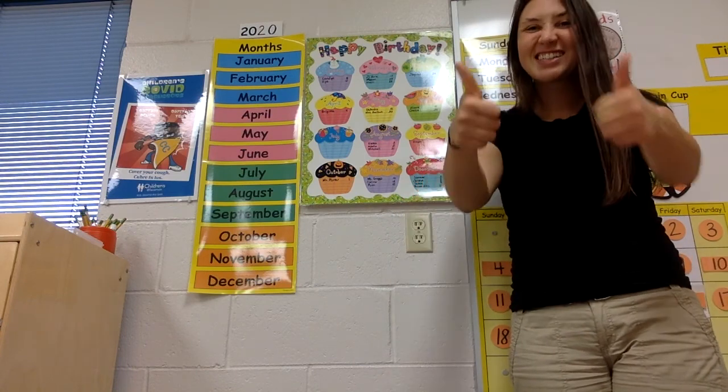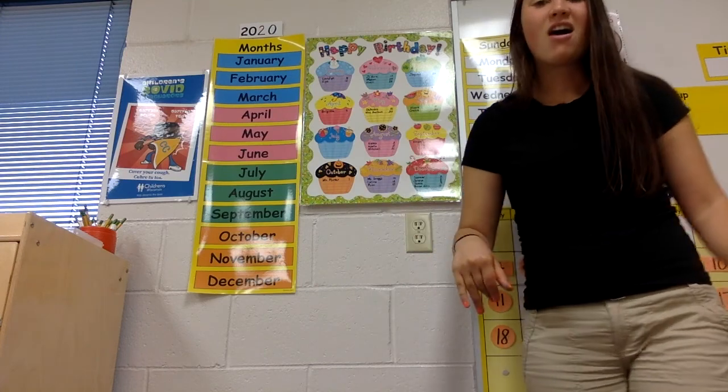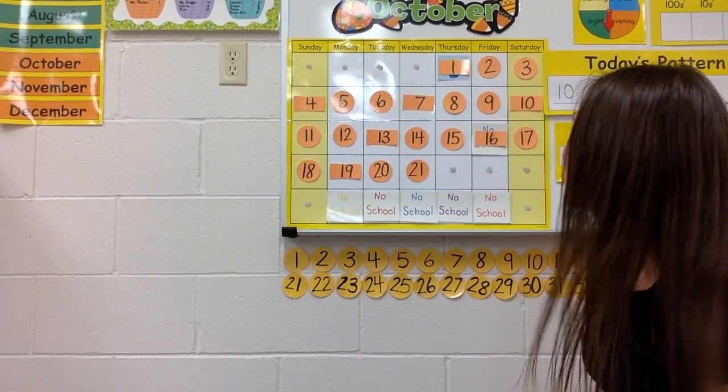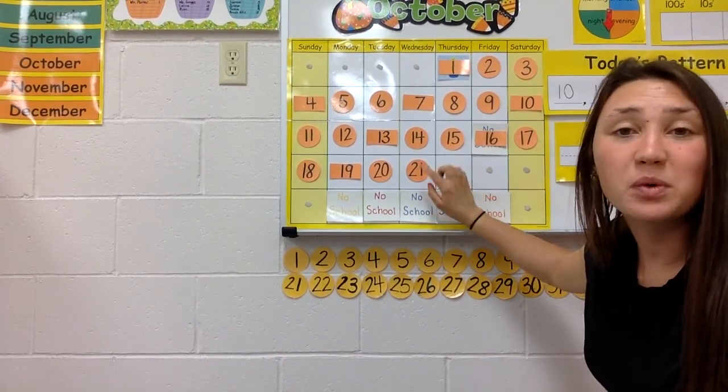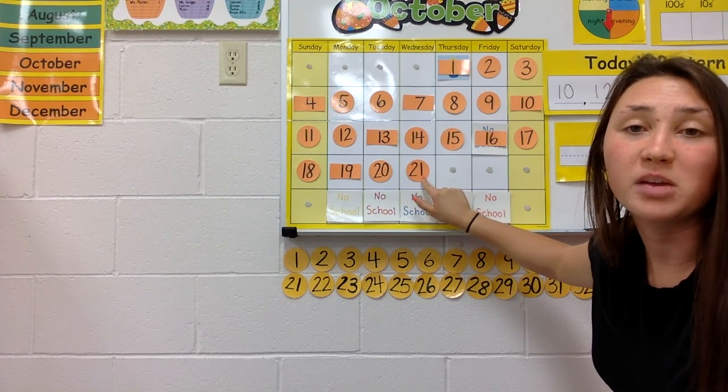Those are the months of the year. Sit down. Fantastic. Good job. Let's move on to what day exactly in October. Let's look at our calendar to find out. So yesterday was Wednesday the 21st, October 21.